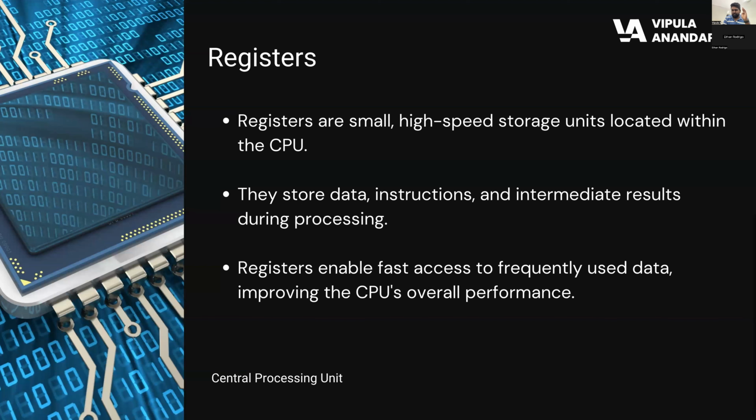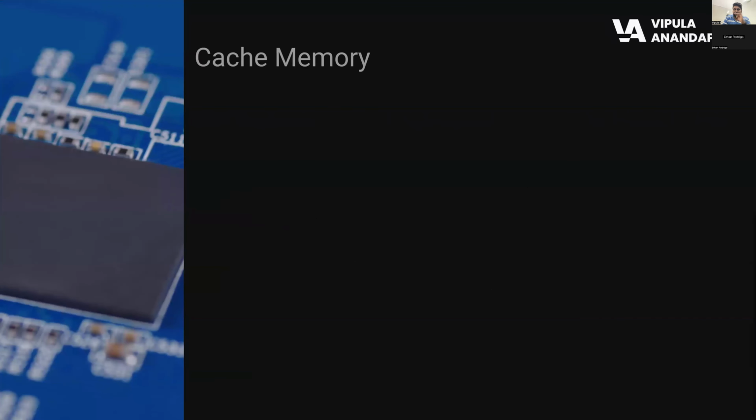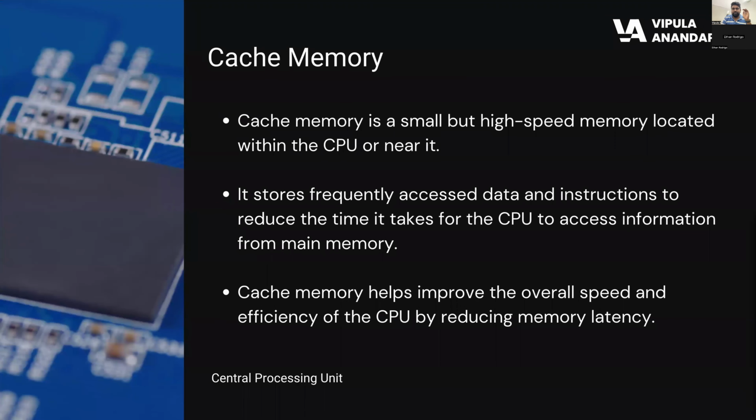So now we got the instruction, we processed it, now that is saved. Then we get into a more high-speed memory where we will be able to store it so that it will reduce the CPU overhead overall.